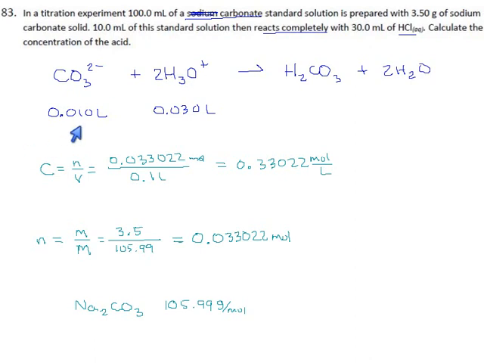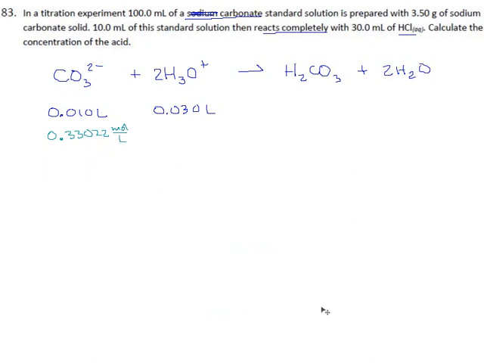That's our concentration for the carbonate. Now that we have that number, I'll just copy that up here. 0.33022 moles per liter. And I'm going to clear this out. We need the space.